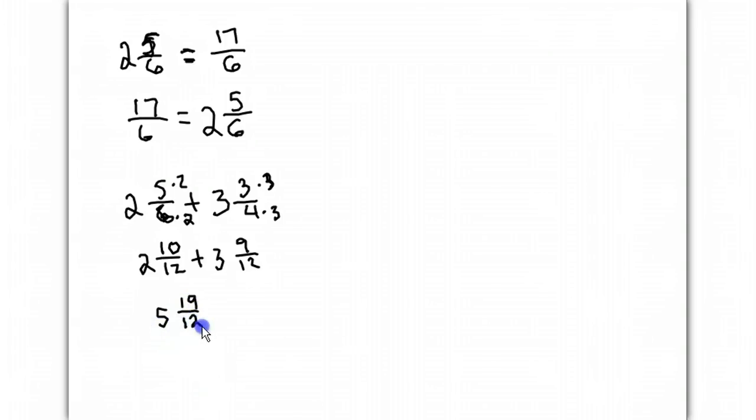But this is not your final answer, because if you notice, the numerator of the little fraction is bigger than the denominator. So we're going to go off to the side and break up 19 over 12. Remember from the first lesson at the beginning, how many times will 12 go into 19? It goes into 19 once. You know the denominator is going to be the same. What do you have to add?